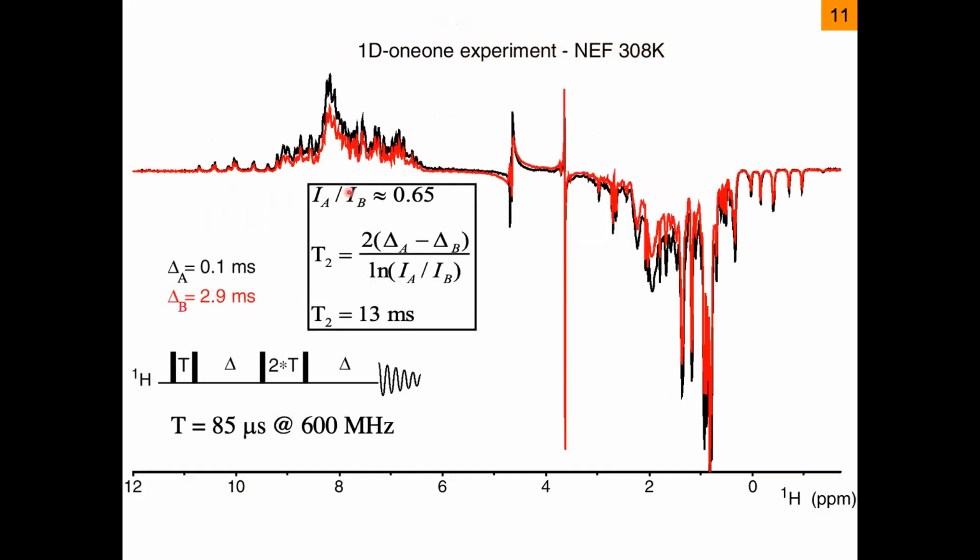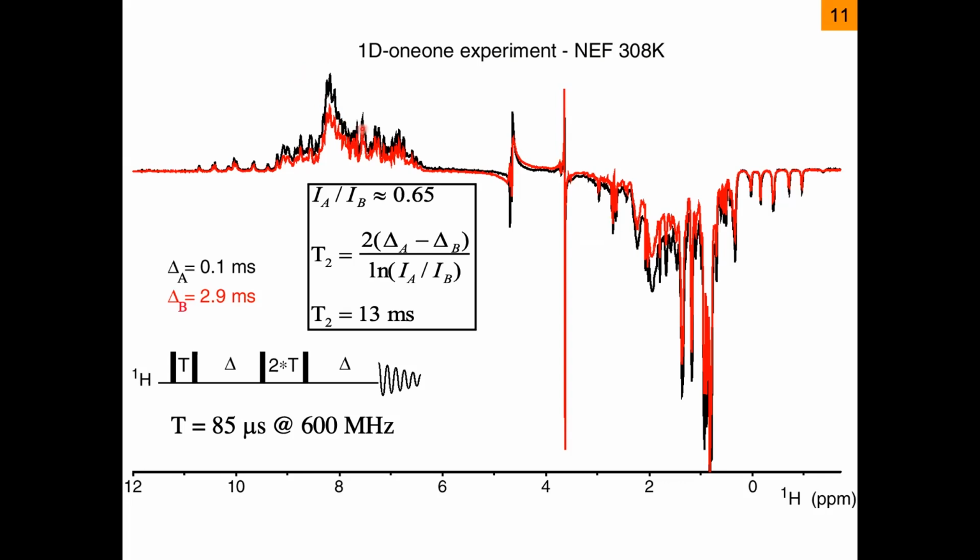So this was the HIV protein Nef at that time. So we have two delays, one at 100 microseconds, another one at 2.9 milliseconds. You just record maybe nowadays 16 scans or so on a normal protein. You get this black spectrum for the short delay and the red spectrum for the longer delay.